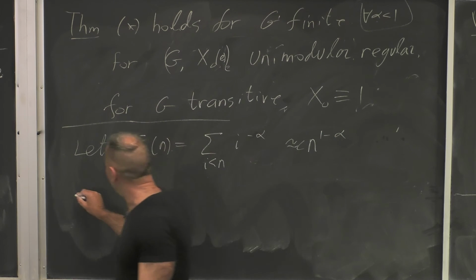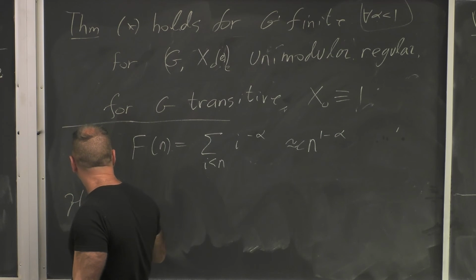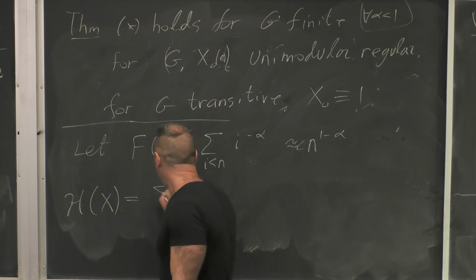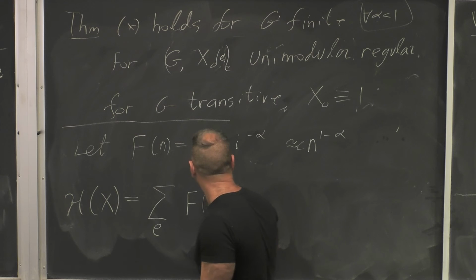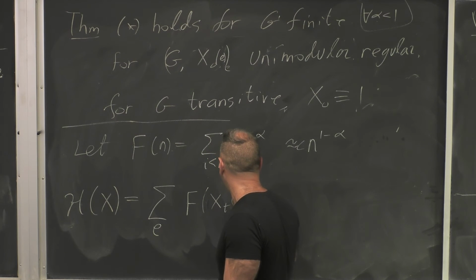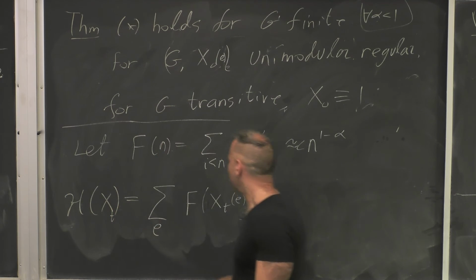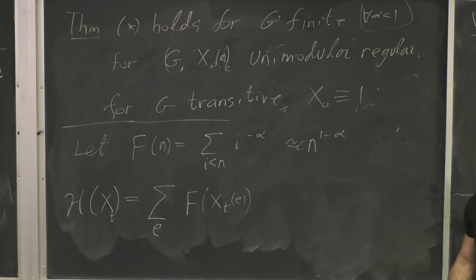And let's consider the following quantity. I'm going to consider the sum over all edges of f of x_t of e, at time t. Call it H.